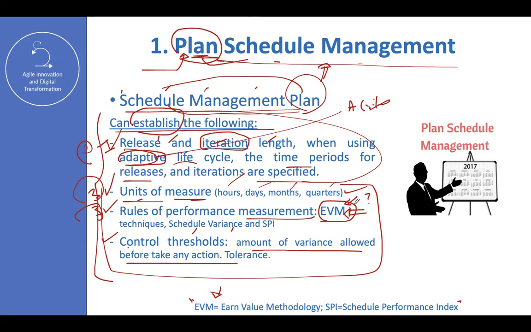It's a beautiful technique. So another part of the measurement is SPI. What is SPI? SPI is the Schedule Performance Index. It's an indicator of effectiveness that is part of the earned value management set of formulas. So for now, we don't need to memorize this name. Just understand that something is coming about EVM and SPI.